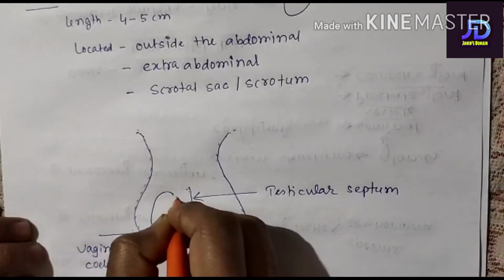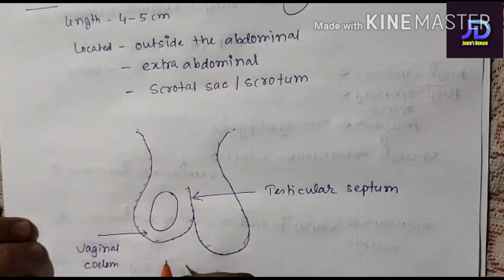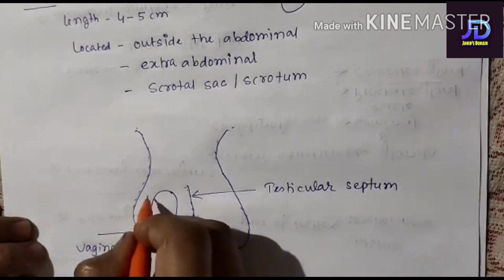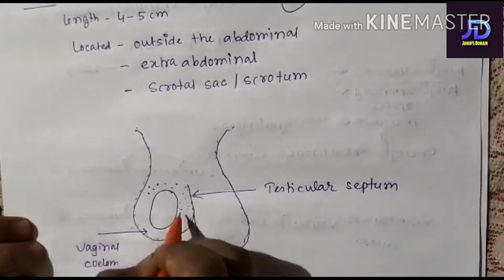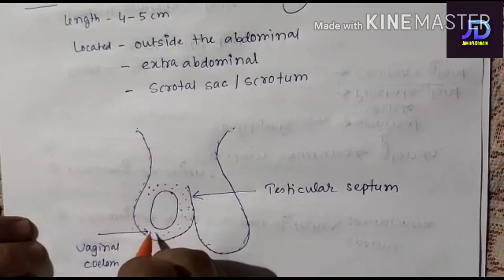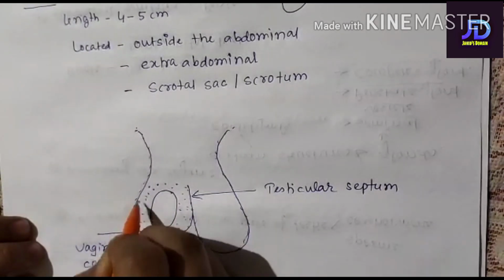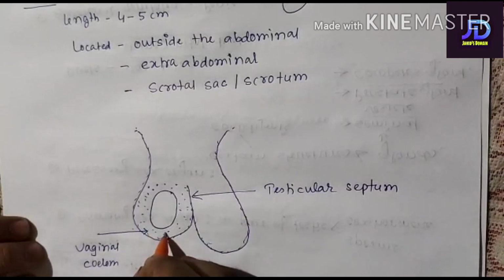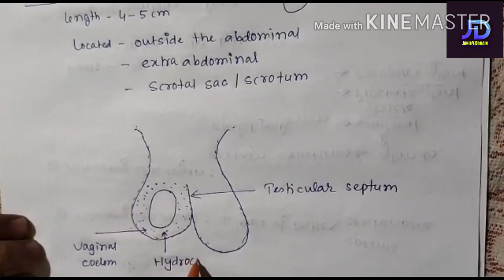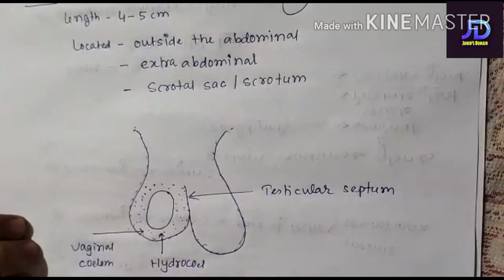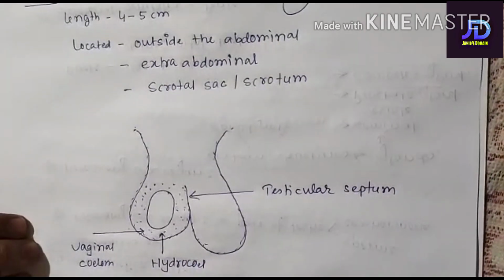This vaginal coelom is filled with a tissue, and this tissue is known as hydrocele.